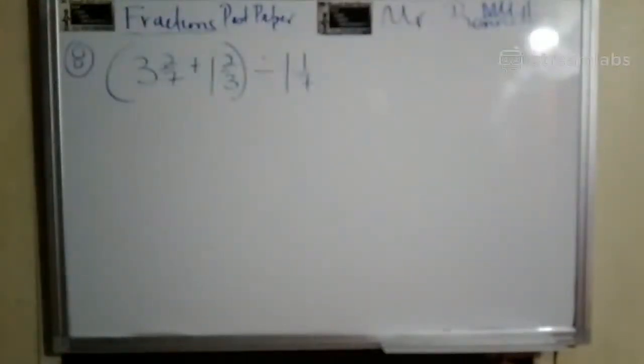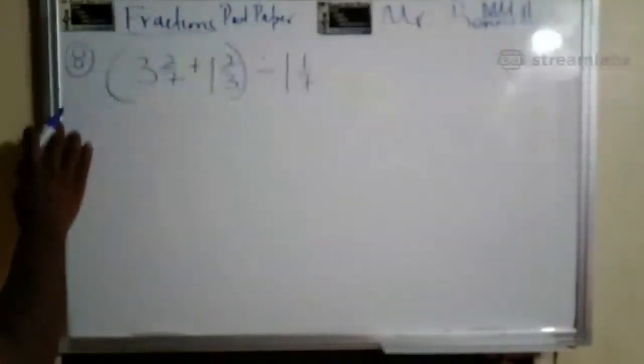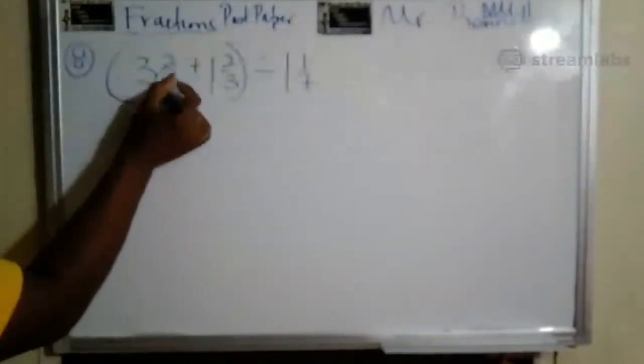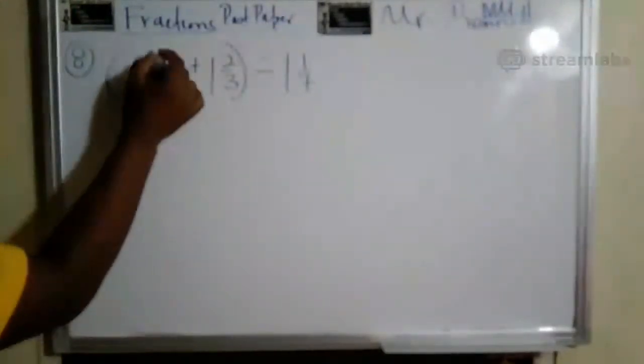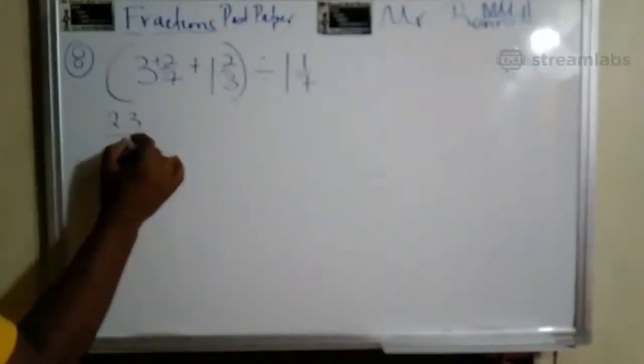Okay, so both of you got 13 over 3. So I can trust it and say, yeah man, right. Very rarely do two people get the same incorrect answer. Alright, so 3 times 7 is 21 plus 2, so that's 23 over 7.